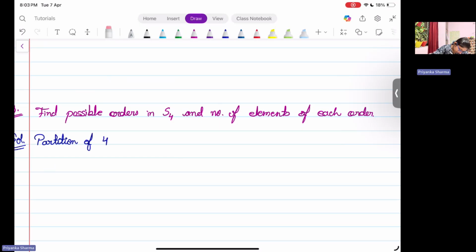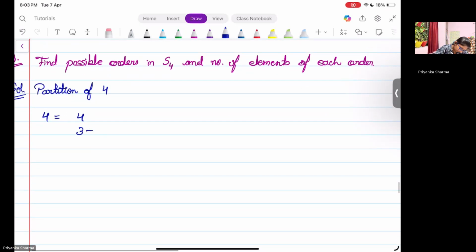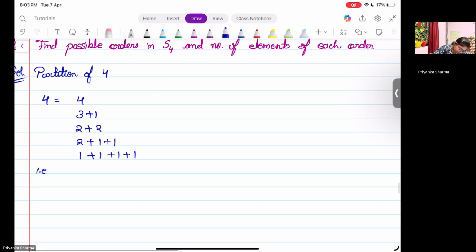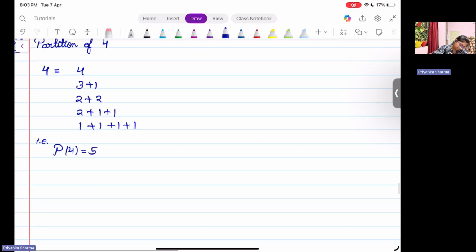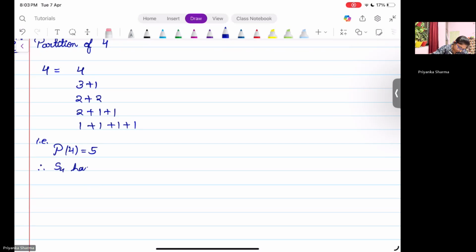They are 4, 3 plus 1, 2 plus 2, 2 plus 1 plus 1, and 1 plus 1 plus 1 plus 1. That is, the number of partitions of 4 is 5. Therefore, S4 has 5 conjugacy classes.